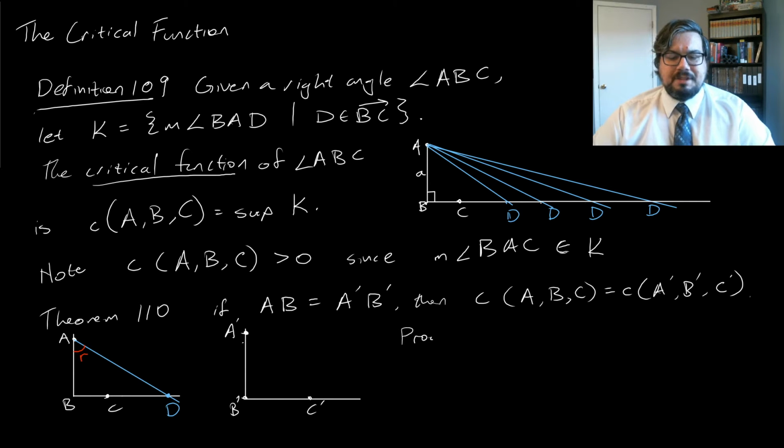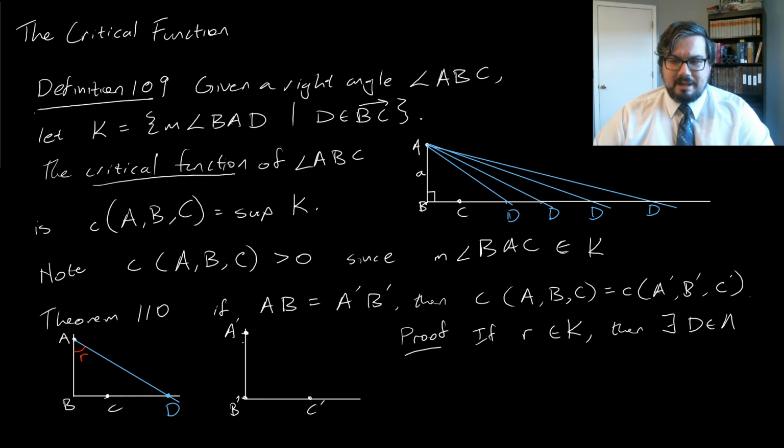So the proof basically goes that if R is in K, then there exists a D in the ray BC such that the measure of angle BAD equals R.